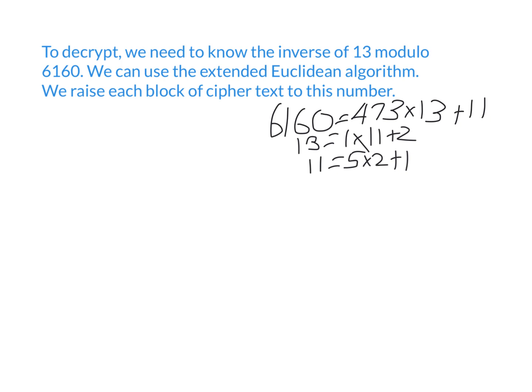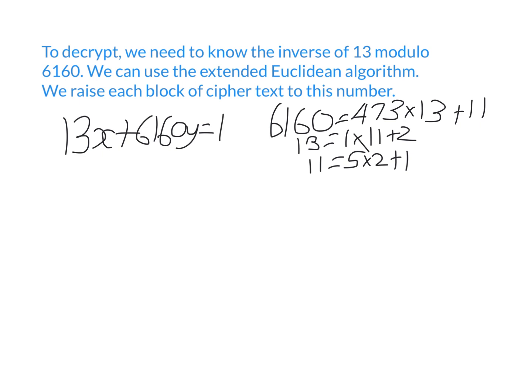Well, remember that finding an inverse modulo n is the same as solving a Diophantine equation. So I'm essentially solving this equation, trying to find integers x and y. I know this will have a solution because we picked it so that 13 was co-prime to 6160.